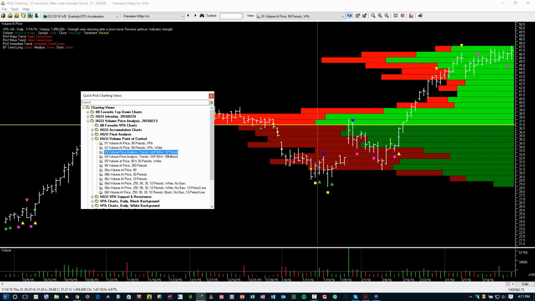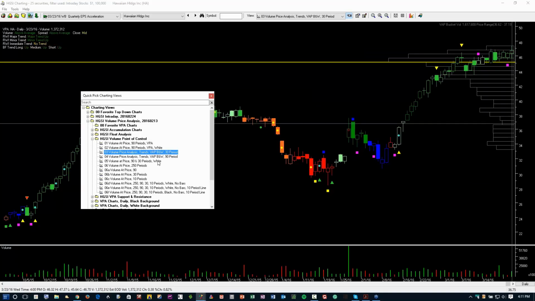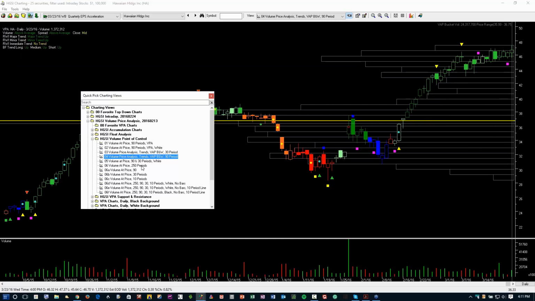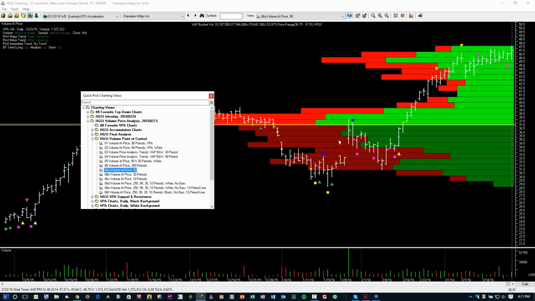They're definitely related, but the volume weighted average price is generally not seen on non-intraday ticks.